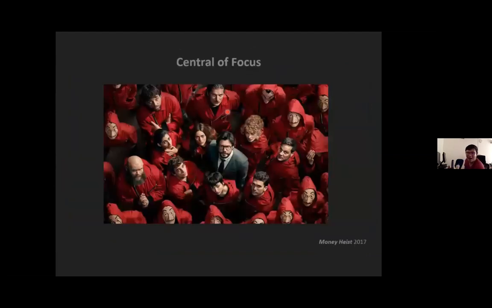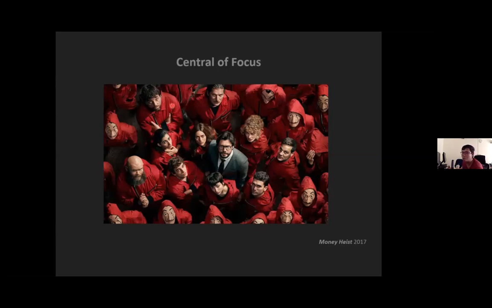Next, La Casa de Papel, Money Heist 2017. It creates a central focus. So what happens here is that red is usually for creating attention and tension, right? Remember what I said just now in our color theory class? But now in this screenshot, who do you see?